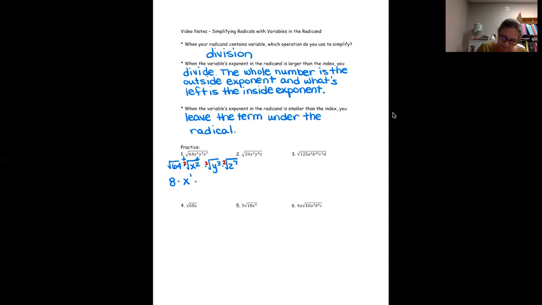For the next one, 2 goes into 3 one time with 1 left over. 2 goes into 7 3 times with 1 left over. Put all your terms together on the outside, all your terms together on the inside for your answer. 8x y z cubed square root yz.